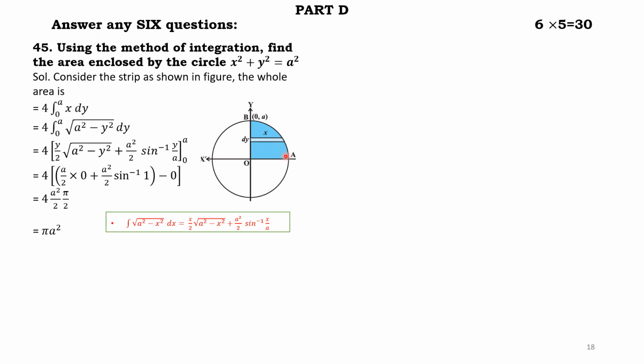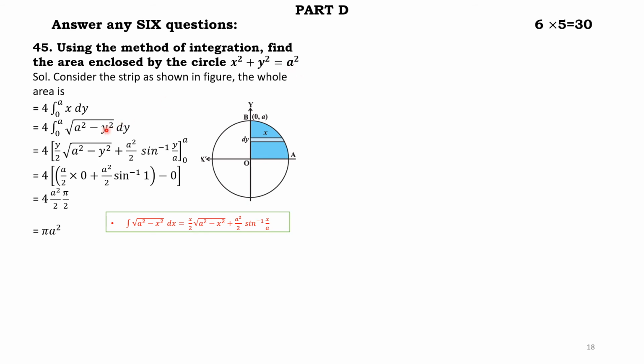Therefore 4 times the quadrant, so it is 4 into integral 0 to a of square root of a square minus y square. If you simplify, x square is equal to a square minus y square, therefore x is equal to square root of a square minus y square.